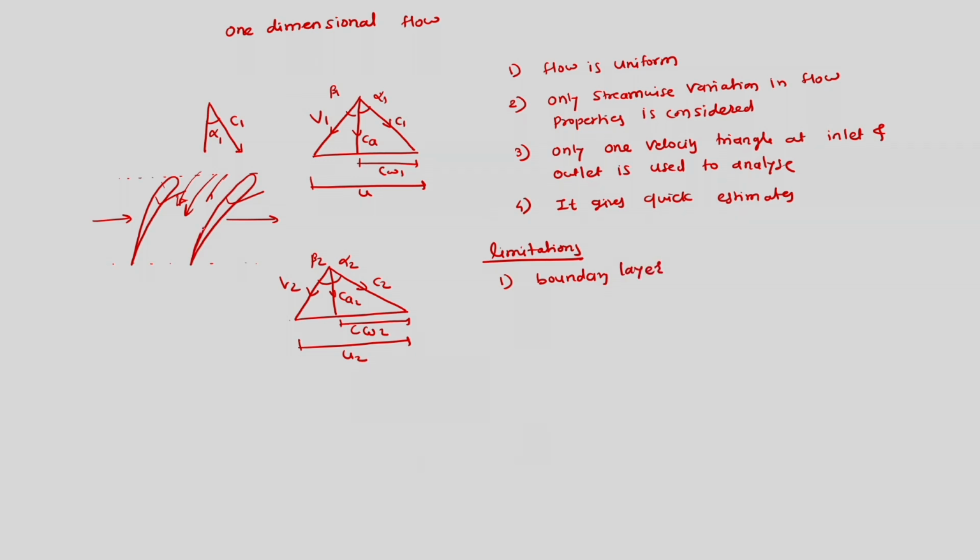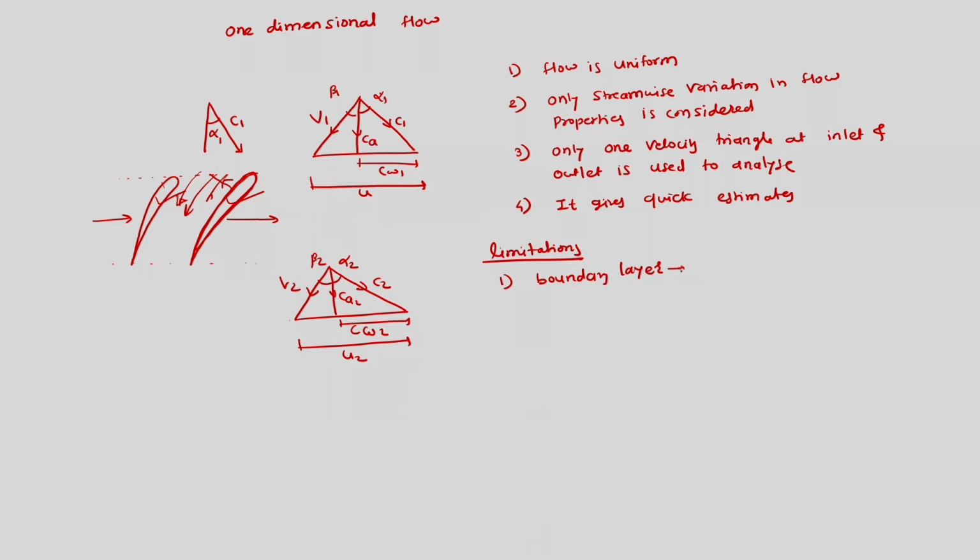This is the blade profile, and on the blade profile there is a boundary layer. So flow will have zero velocity on the blade if the blade is stationary, like a stator blade, and if the blade is rotating, then it will gain the velocity of the blade. This boundary layer will have variation in velocity in the normal direction. Further, there can be boundary layer separation.